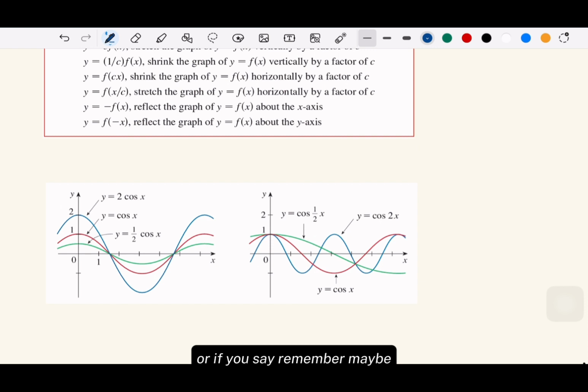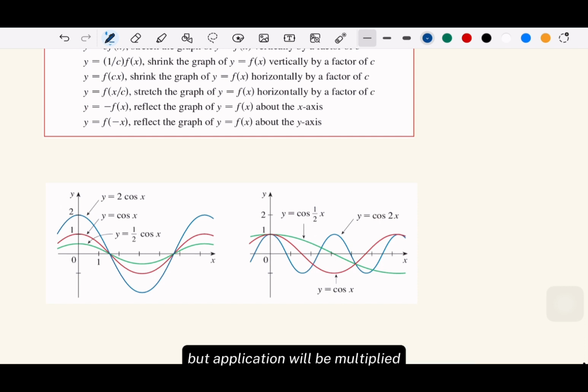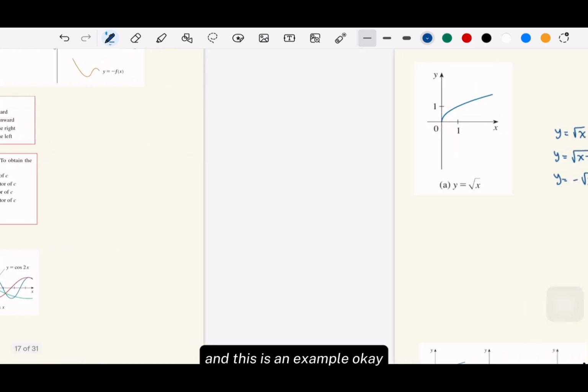If you remember, maybe in physics, the periods will be different. And for here, if you remember in physics, the amplitude will be multiplied. Okay, just a quick review.